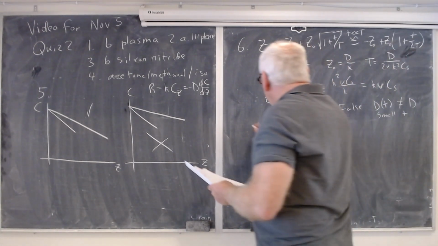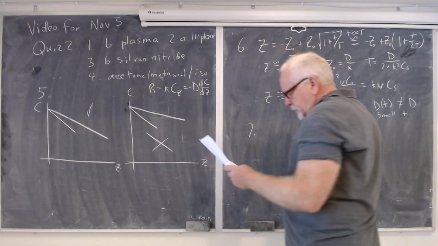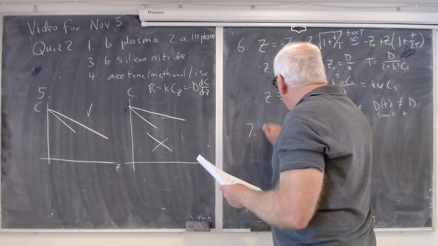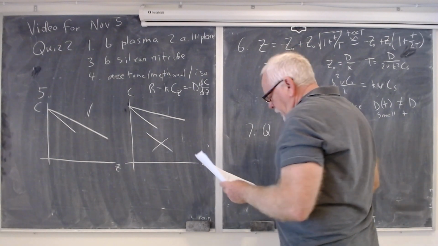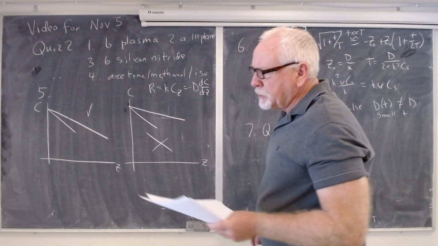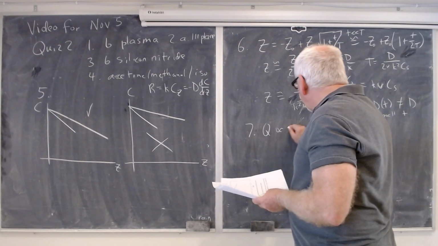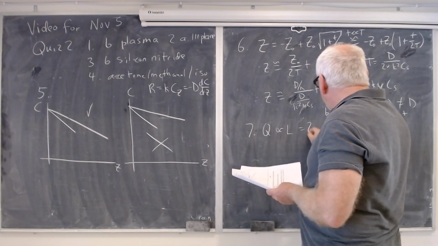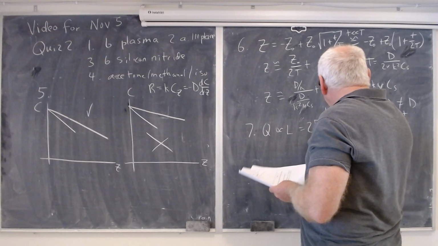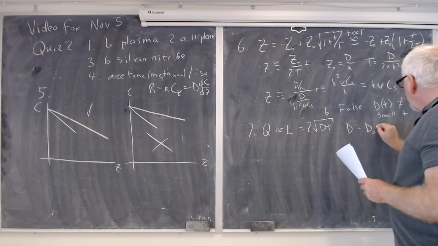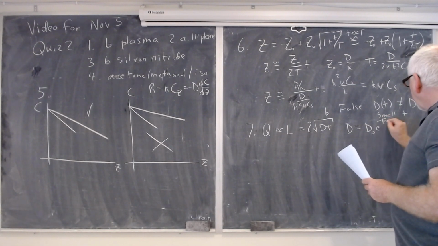All right, and number 7, you were supposed to determine the Q. Does it depend on temperature, or how does it depend on temperature? And we went through that Q is proportional to L, which is 2 square root of Dt, and the D goes as D naught e to the negative Ea over kT.